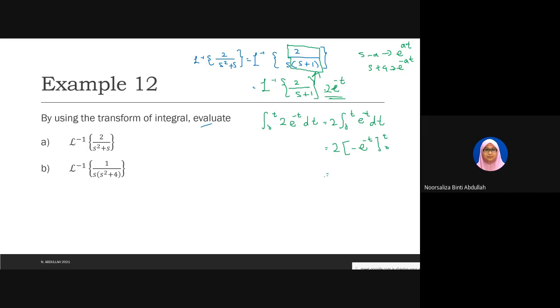So you have 2 times minus exponent minus T minus exponent 0. My exponent 0 is 1. So you have 2 times 1 minus exponent minus T. So your FT is this one.